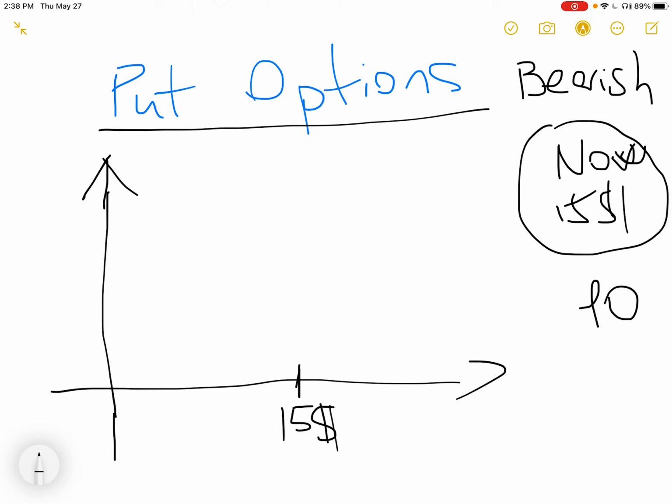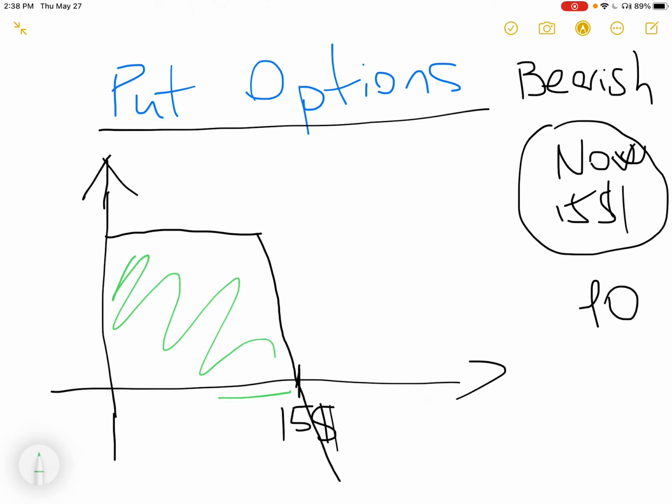So when you buy a put option, you basically are betting against the company, and so your profit would be anything less than, sorry, anything less than $15. So this would be your profit area, and if the stock price goes towards zero, you're golden.